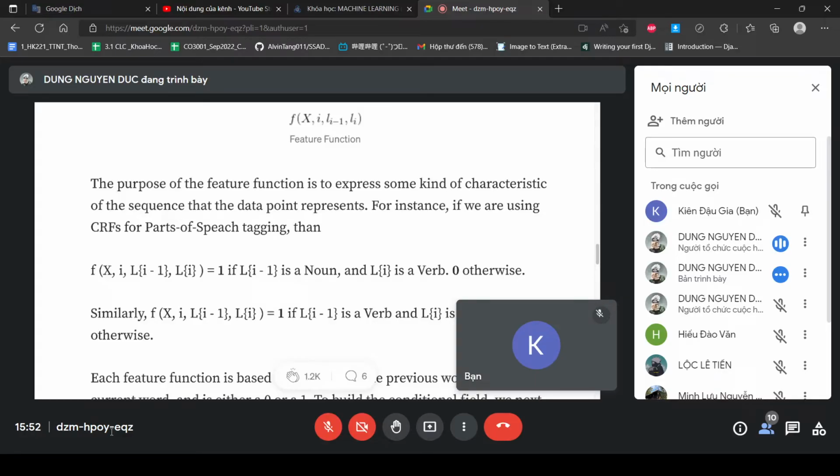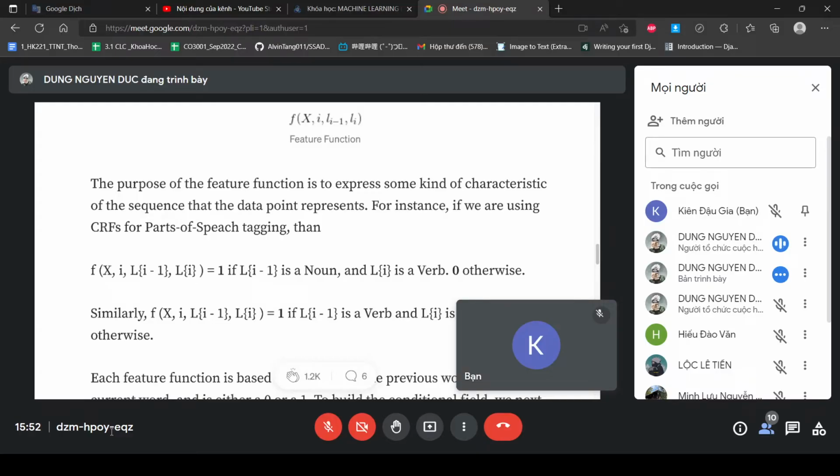It equals 1 if the label before the current word is a noun, and the label of the current word is a verb. If it is right, then the feature is 1. It is a match, right? A noun followed by a verb, then this feature function outputs the value 1.